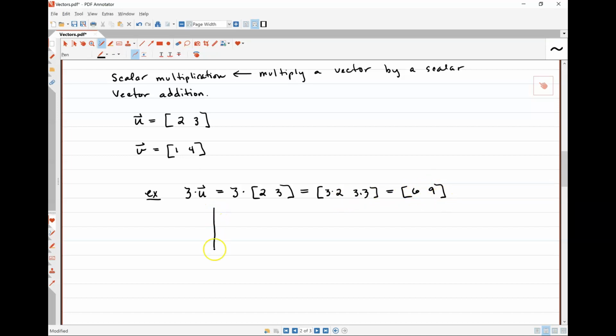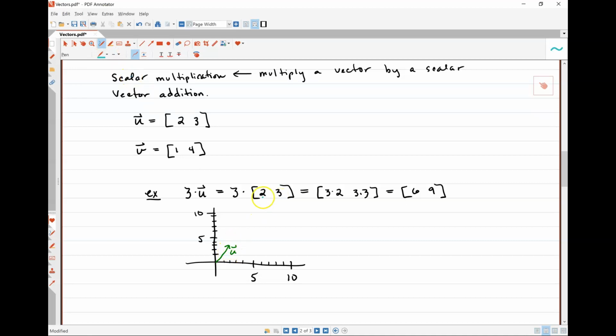So what are we really doing geometrically? We start with vector u, (2, 3). So this is our vector u. And what we're doing when we multiply this vector by 3 is we're stretching out the components by a factor of 3. So we started off with this vector (2, 3).